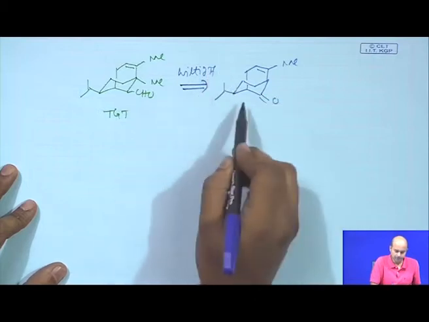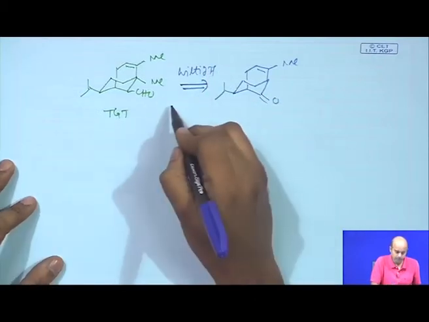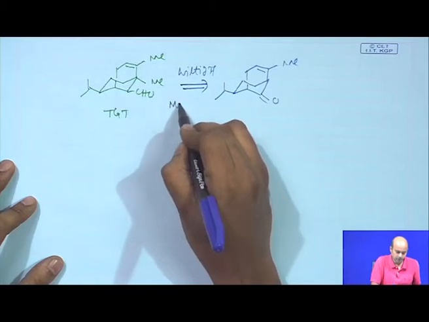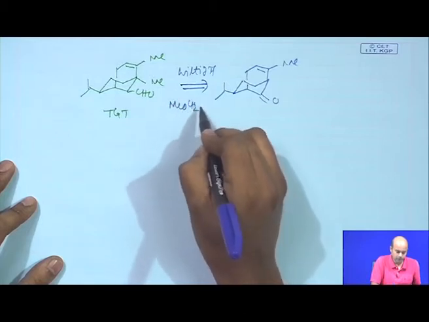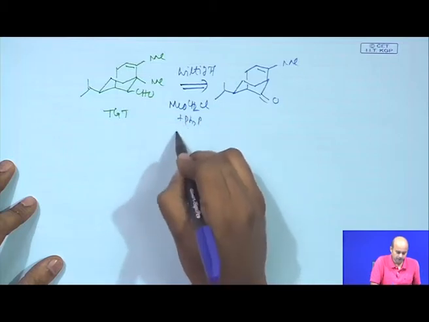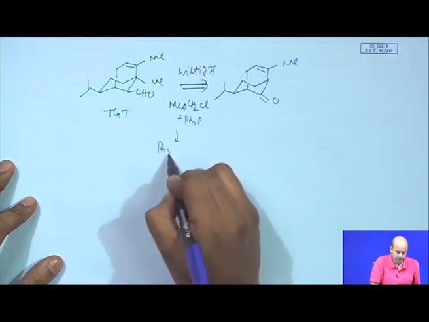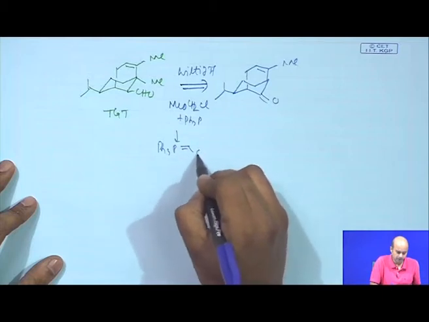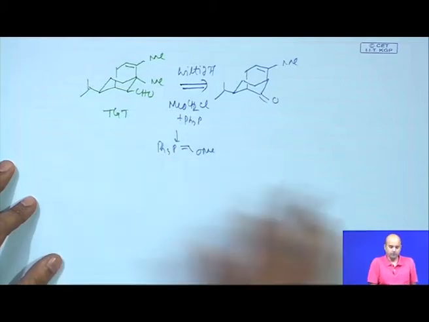We have not discussed how to do it, but if you remember, earlier we talked about this kind of disconnection. You use MOM chloride and triphenylphosphine to get the Wittig reagent, Ph3P=CH-OMe, you can use it. We discussed this in the retro quiz, fine.